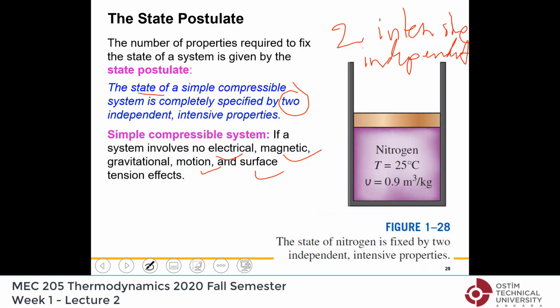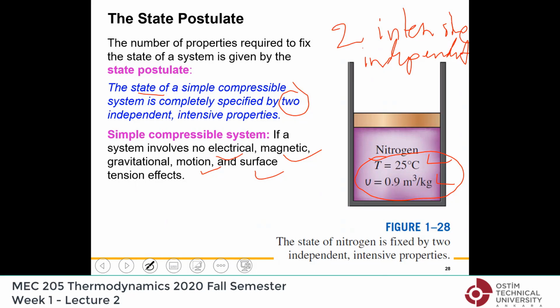It is like temperature, pressure, density, but not volume. Specific volume is intensive. Temperature also is intensive. Therefore, these two properties will fix the state of nitrogen here. That is, any other property of nitrogen can be obtained using these properties. They must have fixed certain values.